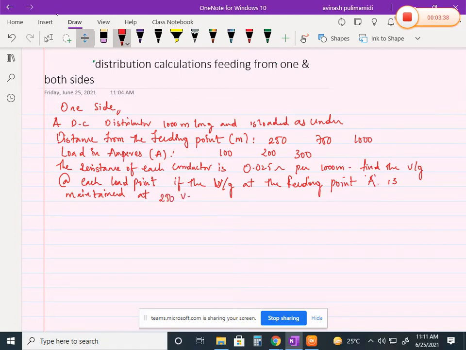Let me take the diagram here, which is given in the question.